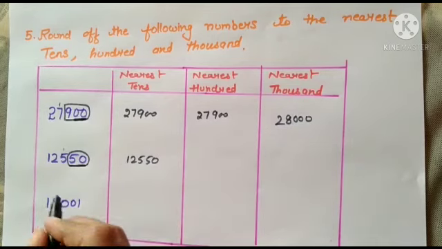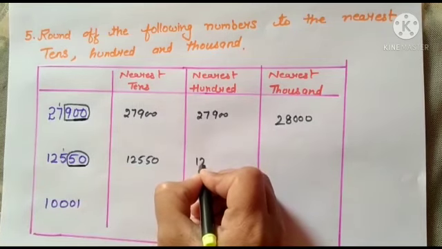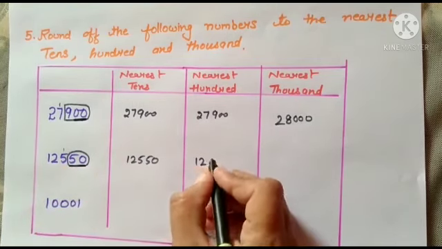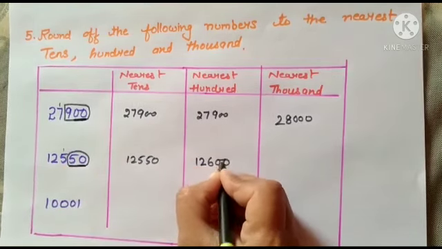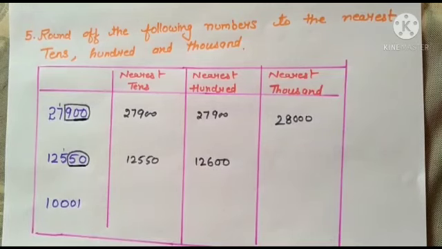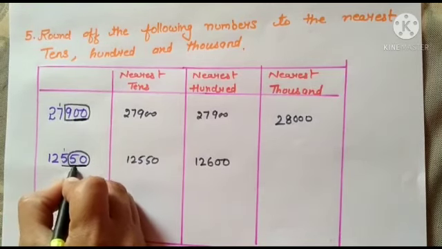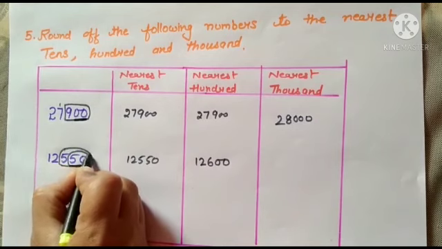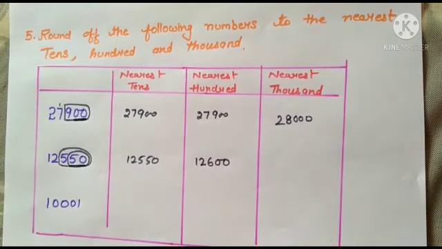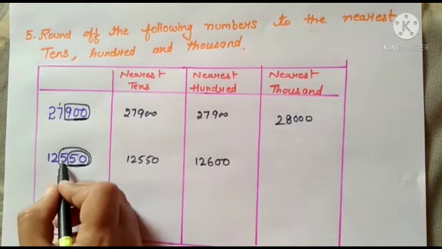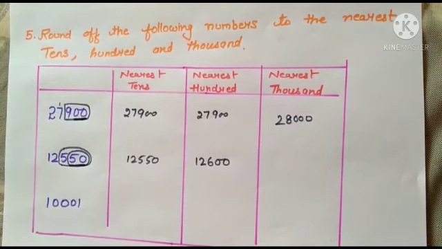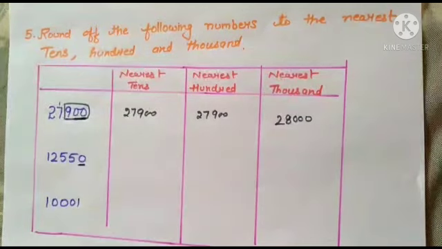So our answer will be 12,600. In thousand we will see 3 digits. Now we will take 3 digits. Here it is 550. It is more than 500.